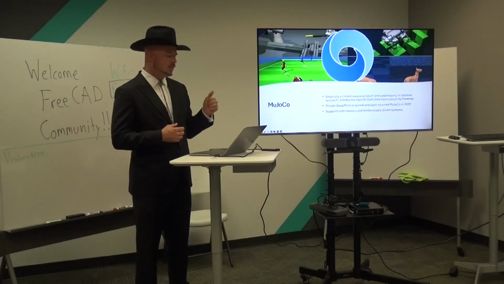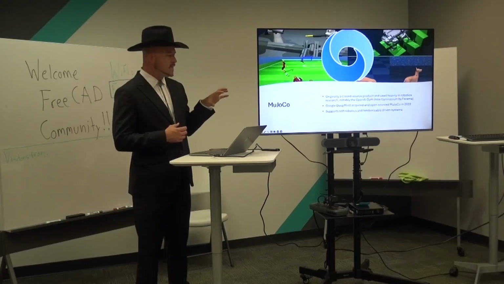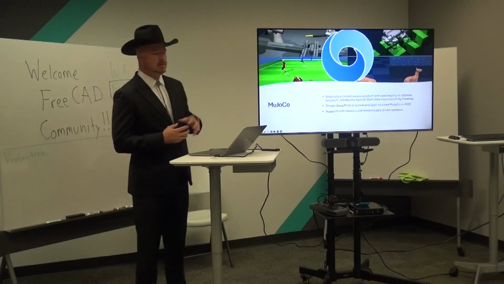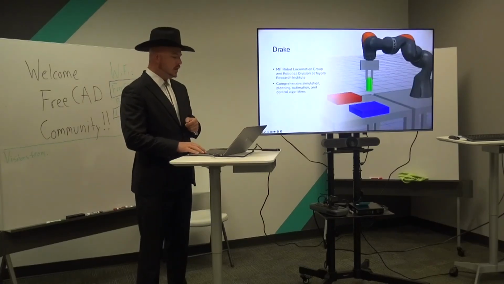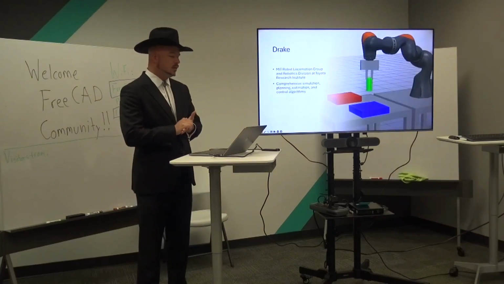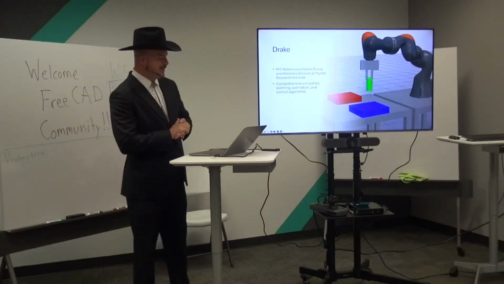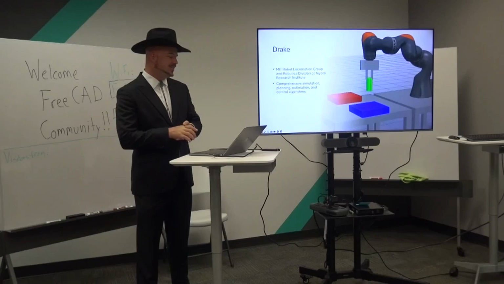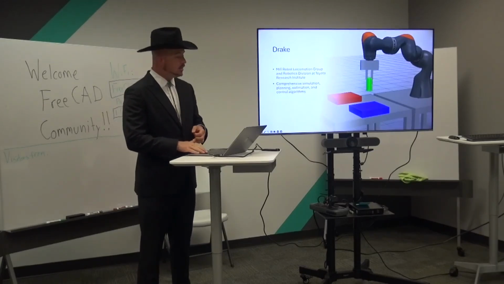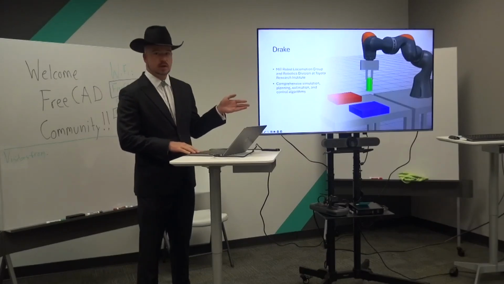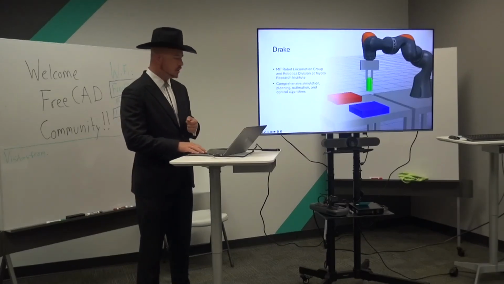It supports soft robotics, tendon and cable-driven systems, just a whole host of platforms that a lot of simulators don't. And then Drake from the MIT Robot Locomotion Group and Robotics Division at Toyota Research Institute. This one is also very comprehensive. They're focused primarily on industrial robots for Toyota's research.